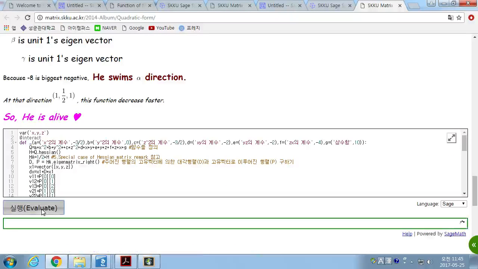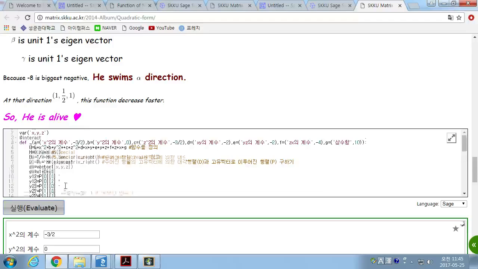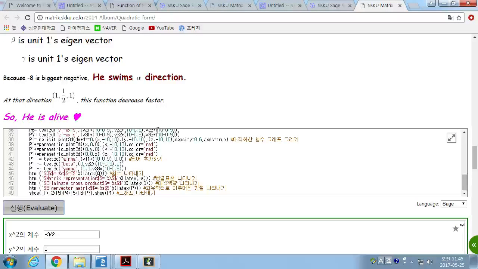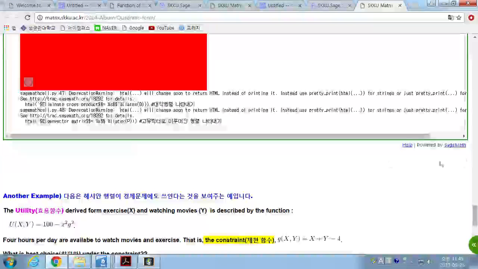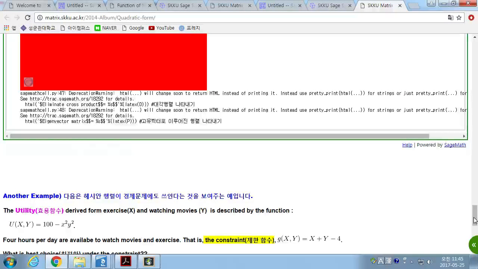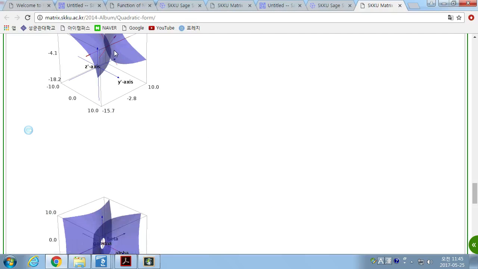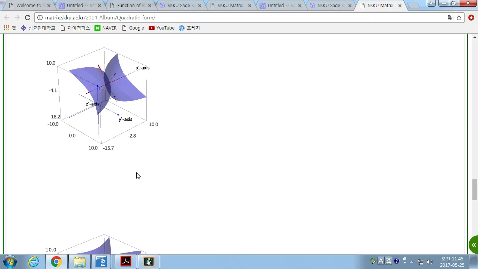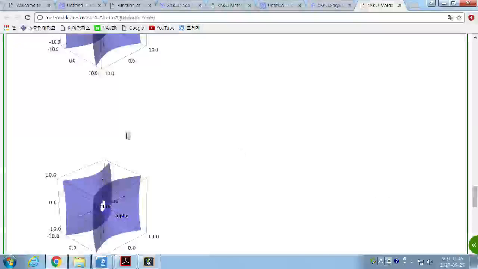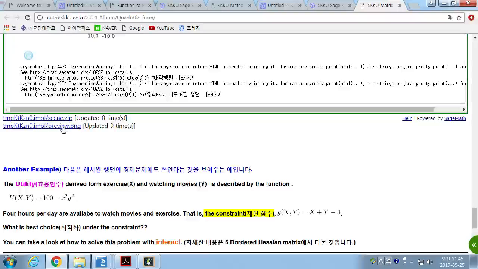And from here, you will see how the surface looks. This is the surface that you found. If you change the condition, then you will find different shapes. And also you can download these images.